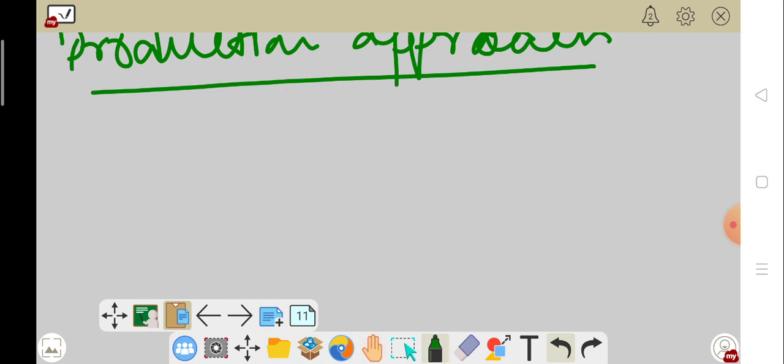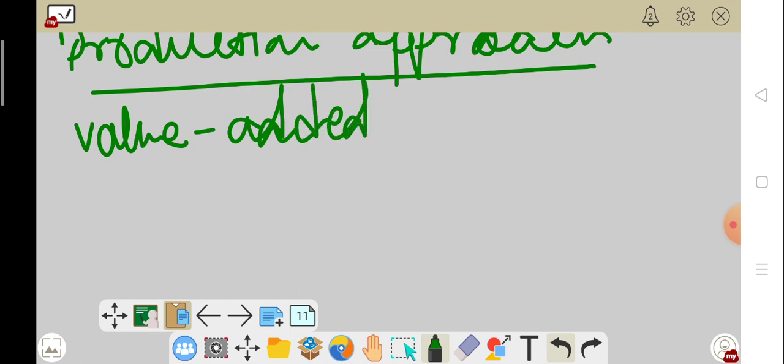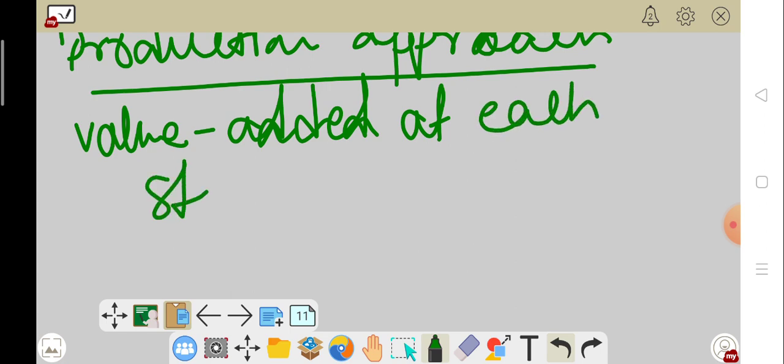What I said was value added at each stage of production.